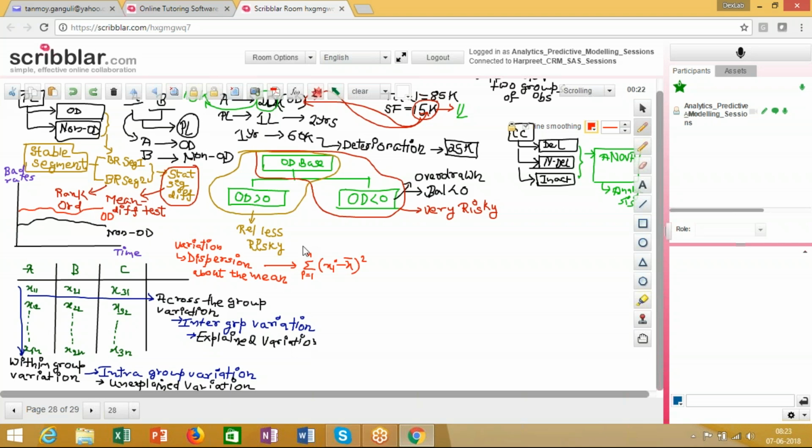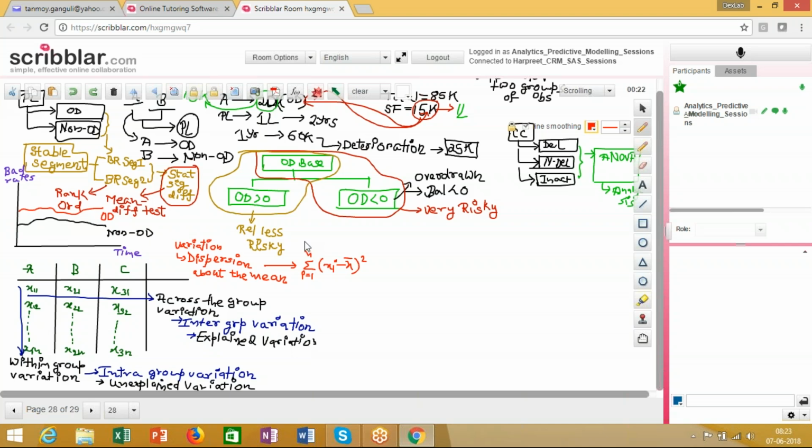On the other hand, the within the group variation is the intra-group variation, which is the variation within a given group. Given that the observations within a group are more or less homogeneous and have similar characteristics, ideally they should not have any dispersion.